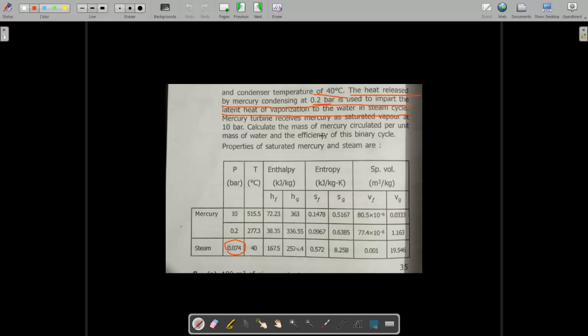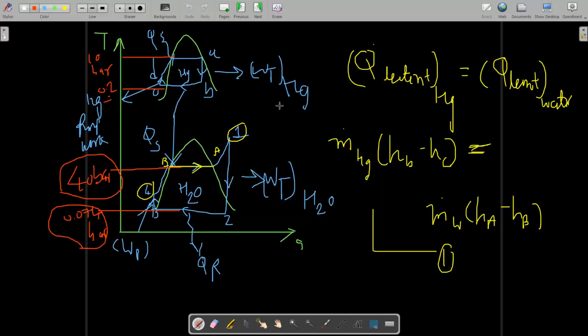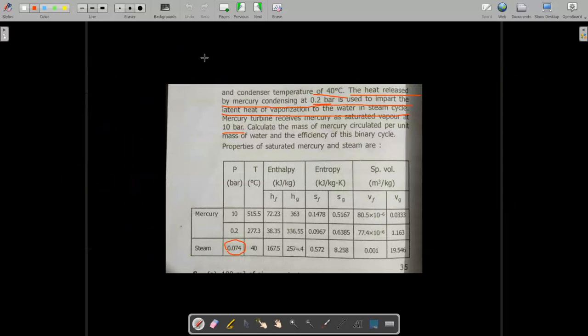Okay, the mercury turbine receives the mercury as a saturated vapor at 10 bar. I have shown here, this is the 10 bar, and at point a mercury is in a saturated vapor state, so that's why I have touched here, not taken in the superheated region. So it is the entering point of the turbine, or you can say the exit point of the boiler.